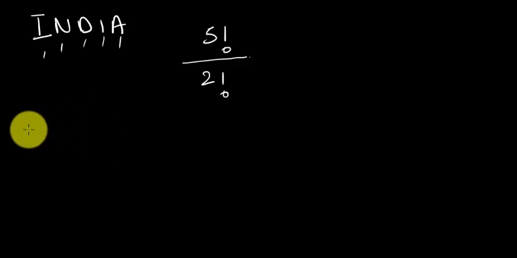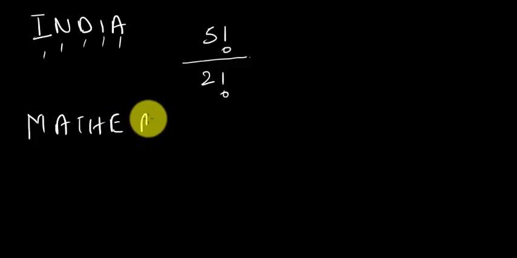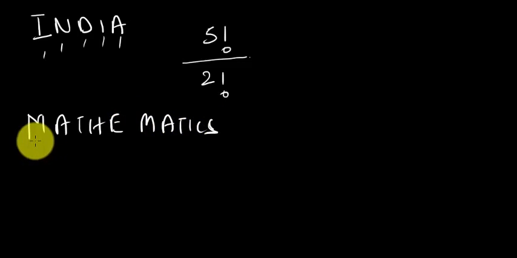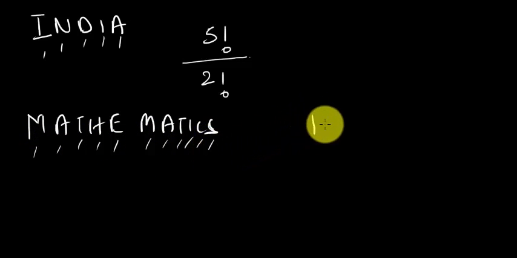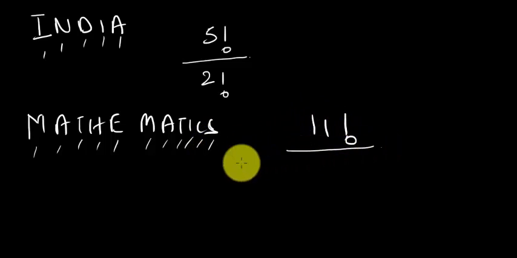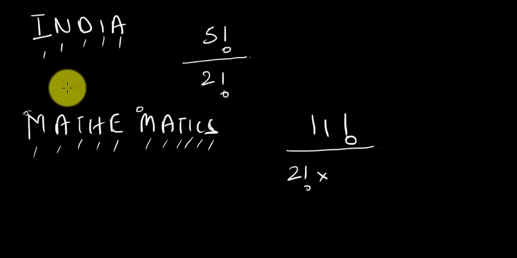How about Mathematics? Okay. How many alphabets are there? 1, 2, 3, 4, 5, 6, 7, 8, 9, 10, 11. So that's 11 factorial divided by, how many times is M repeating? 1, 2, 2 factorial, into how many times is A repeating? 1, 2, into 2 factorial. And is T repeating anytime?